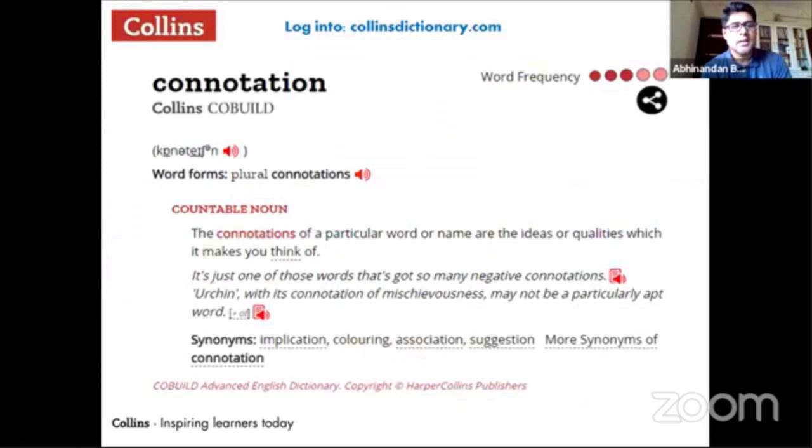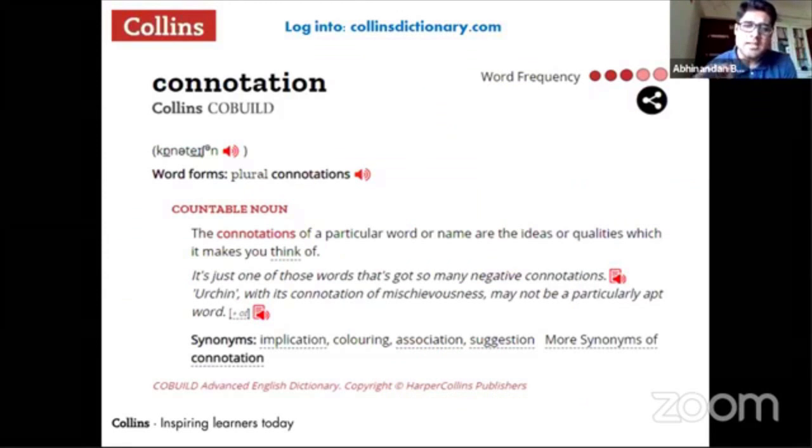Moving on. Now, I would request all the participants, if possible, to log on to collinsdictionary.com. When we train in virtual sessions these days, and even when we move to the physical setup in the school building, it's always important to encourage our learners to look up words and phrases in the dictionary. This is one word that I've taken up, as you can see on my slide: connotation.